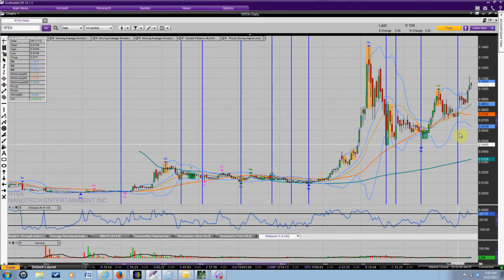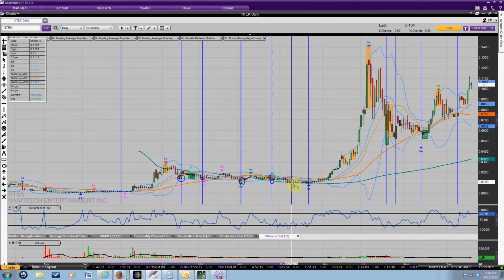As you can see from my lines here, we'll go ahead and show how every one of these bottoms actually warranted you a profitable opportunity.